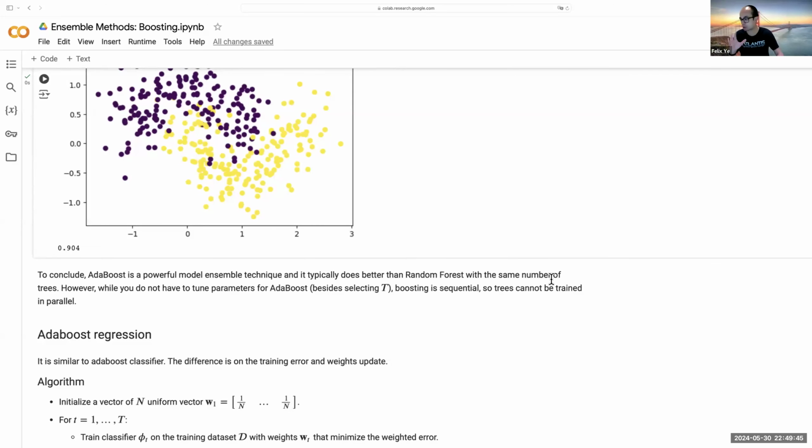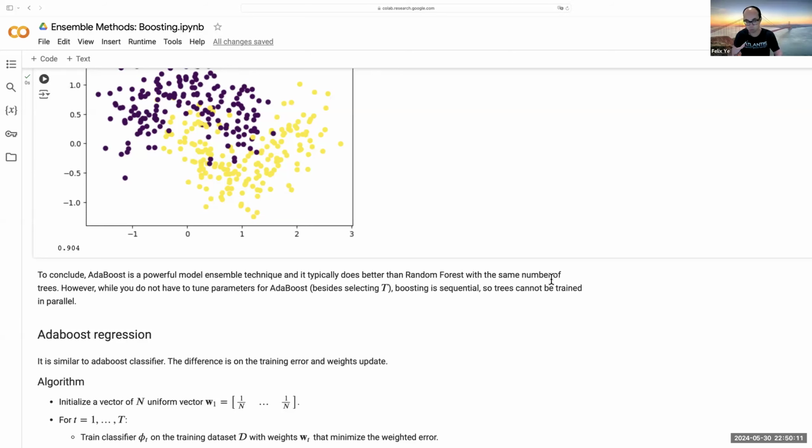You have to train the first one, and with the result from the first one, you can train the second one. With the results of the first and second, you can train the third, and so on. So you cannot train those 20 trees in parallel on 20 different cores. This is a major issue with AdaBoost.